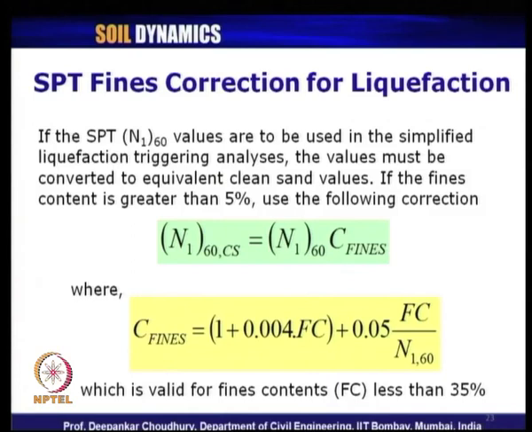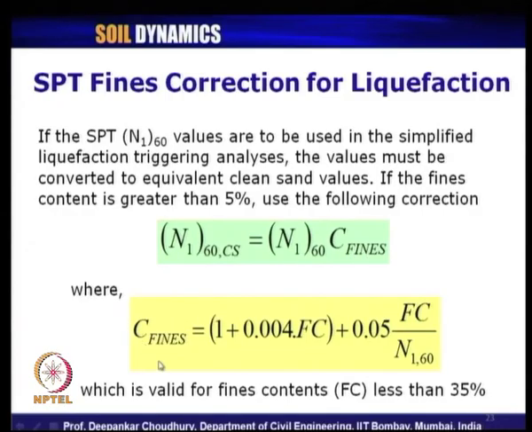But if the amount of percent fines exceeds 5%, in that case this is the correction we should apply on the corrected value of N160, which we got after making all the previous static corrections. So, how to compute C fines?